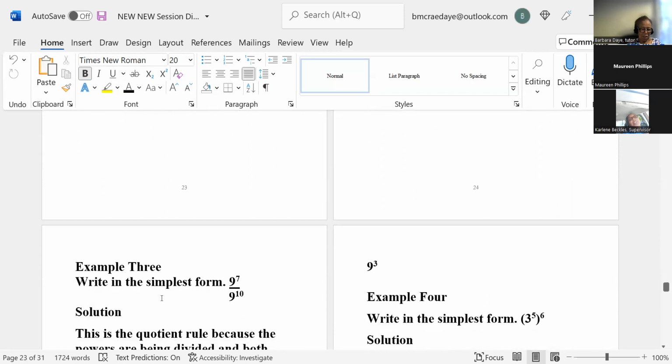Now here's a division. What would that be equal to, Maureen? Remember, you subtract the exponent of the denominator from the exponent of the numerator. That'd be 9 to the power 3.